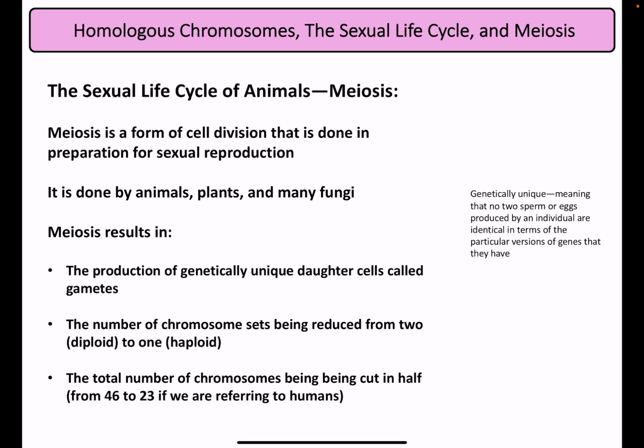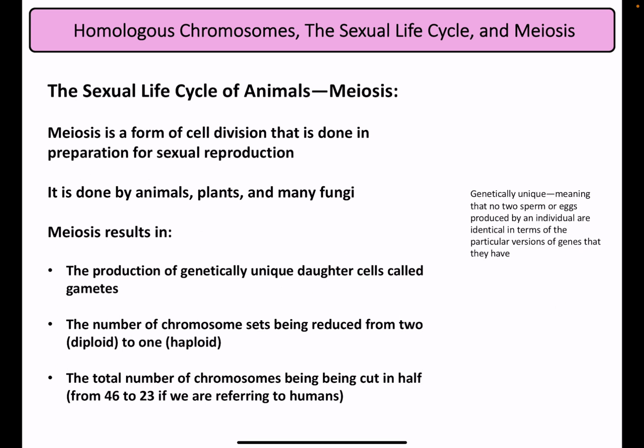Third, what are we looking to achieve as we do this process? What's the goal? Really important. First goal, we want our daughter cells to be unique. We want the sperm and egg to be what we call genetically unique.